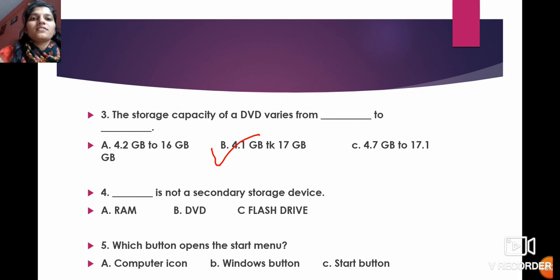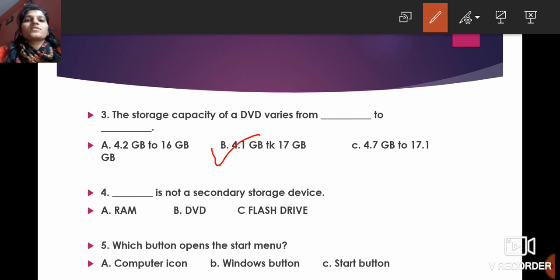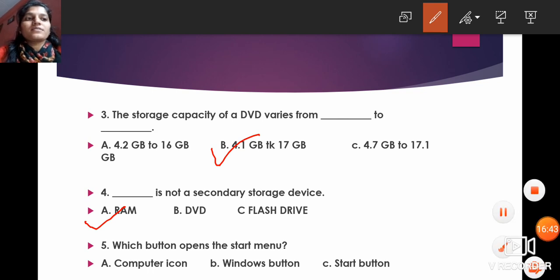Options are RAM, DVD, flash drive. Write down the answer. So students, we know that RAM is not a secondary storage device.